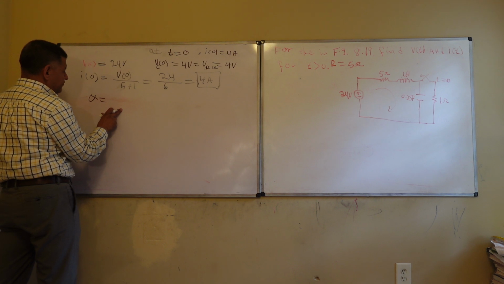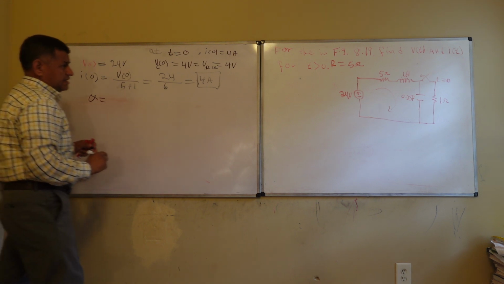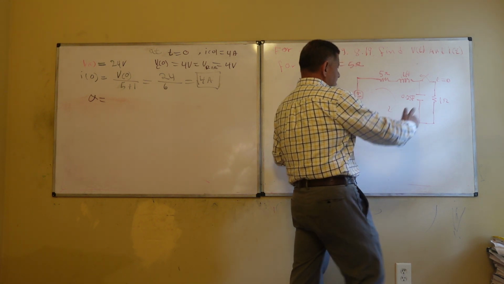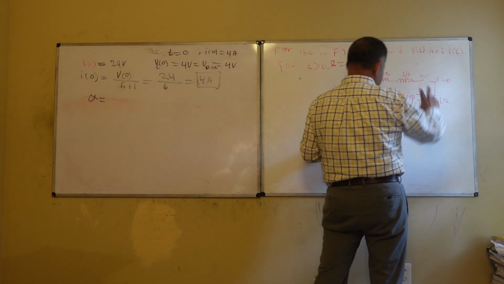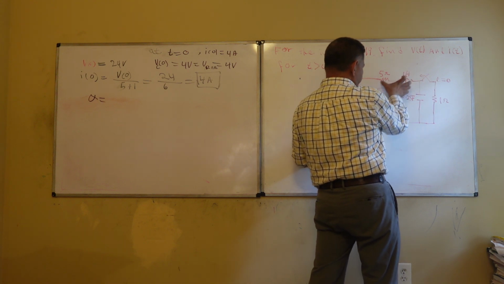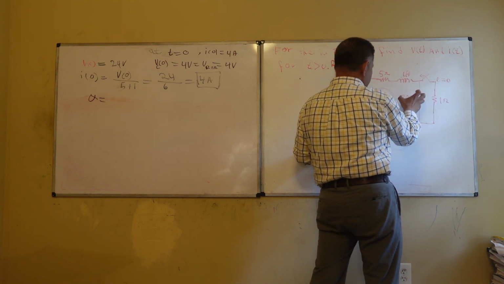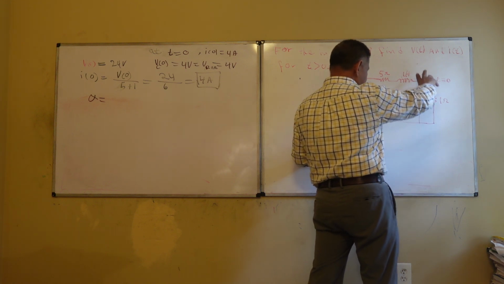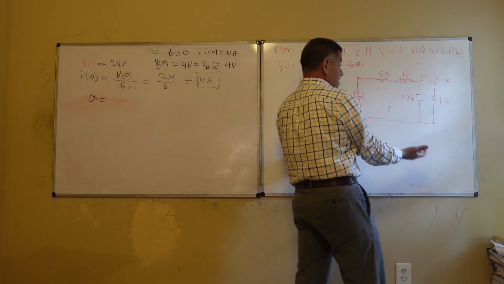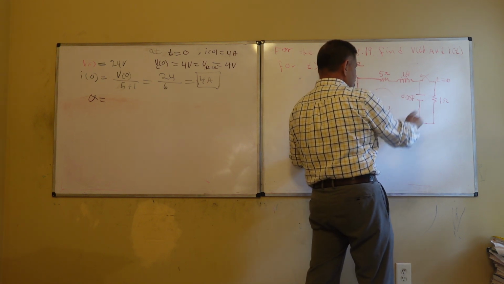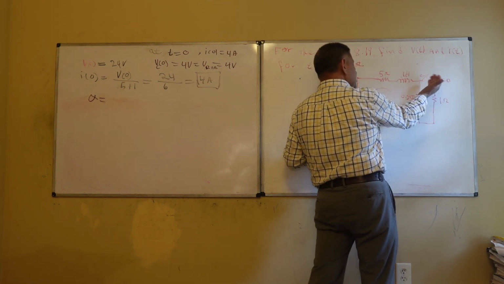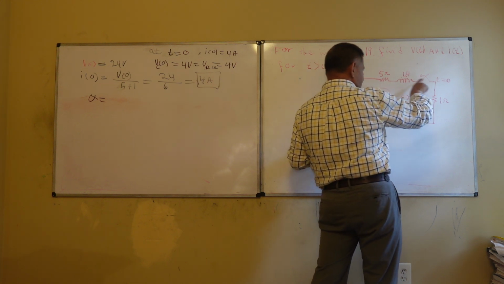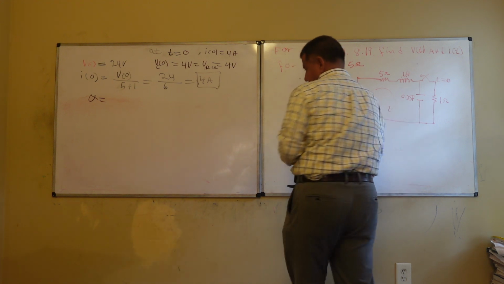Notice that even though this is considered in parallel with this, at the moment where this circuit is open, after t is greater than 0, this is considered in series. So it's going to be looking around over here instead of going around the circuit.